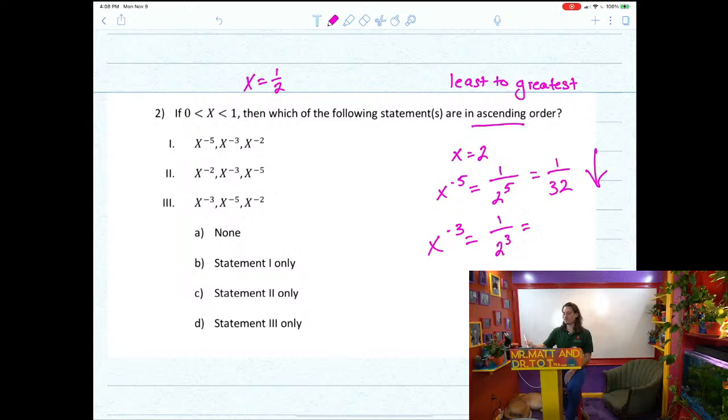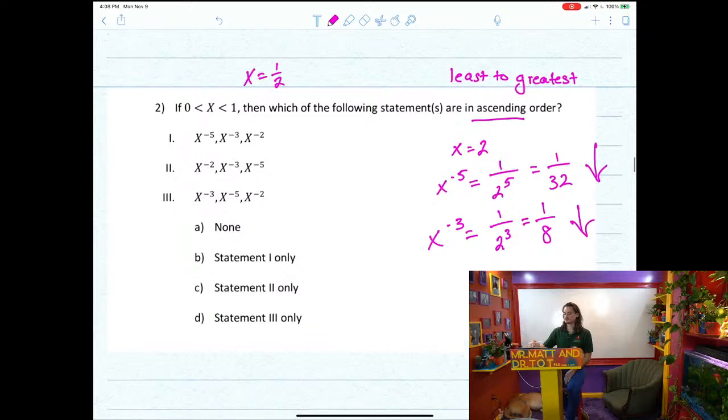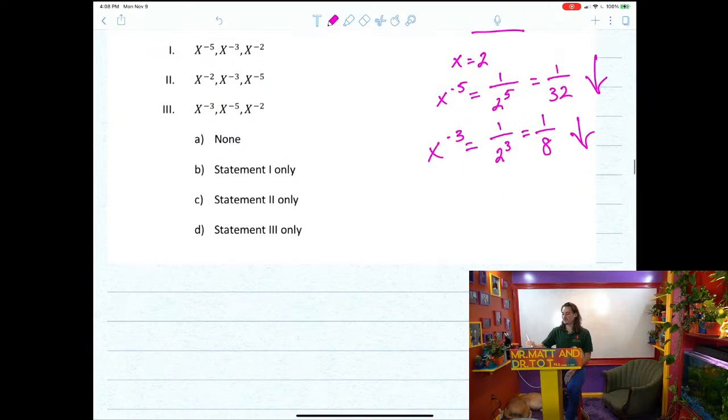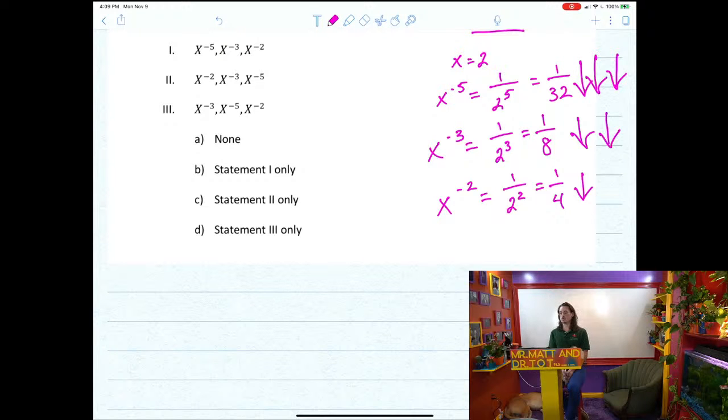That would be 1 over 8. That would be an overall decrease. And if we were talking about x to the negative 2 power, that would be 1 over 2 squared, which is 1 over 4. So they're all a decrease, but notice that as we exponentiate higher, we're decreasing more.